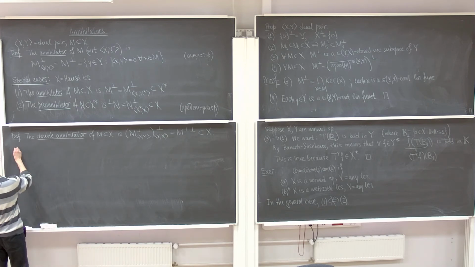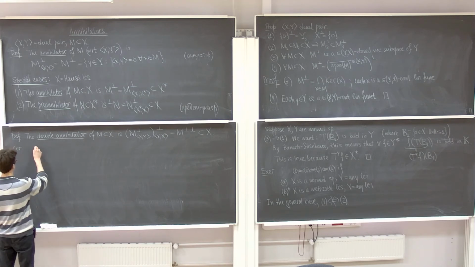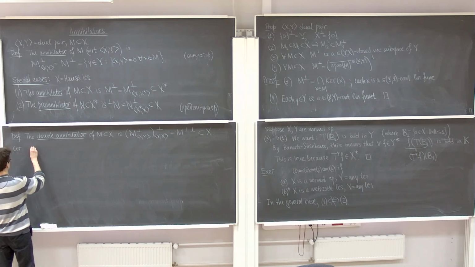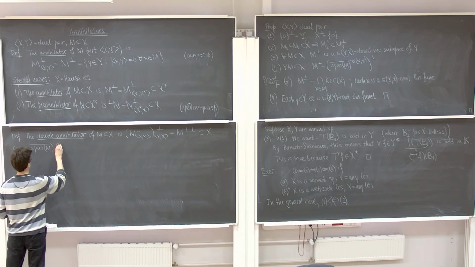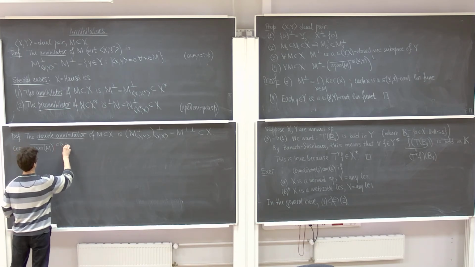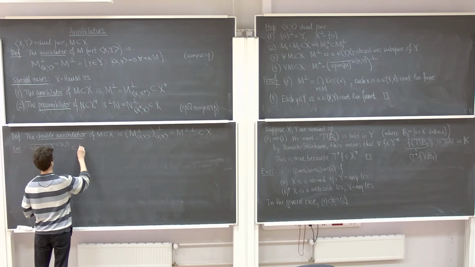A simple corollary from the previous proposition is that if we take the linear span of M and take the weak closure of the linear span, then this is contained in the double annihilator.